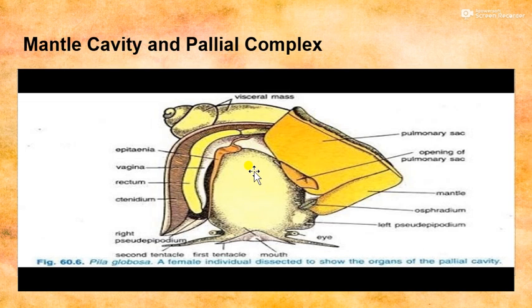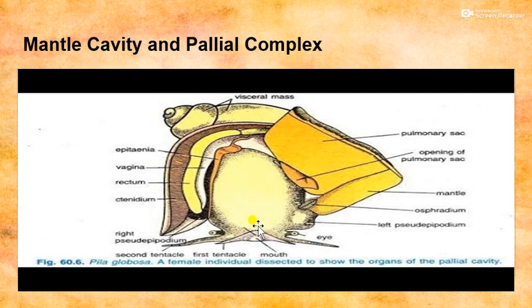It includes a number of organs and the head, and it can be withdrawn into it. Look at this. The mantle or pallial cavity includes within it a number of important organs, collectively known as the pallial complex.